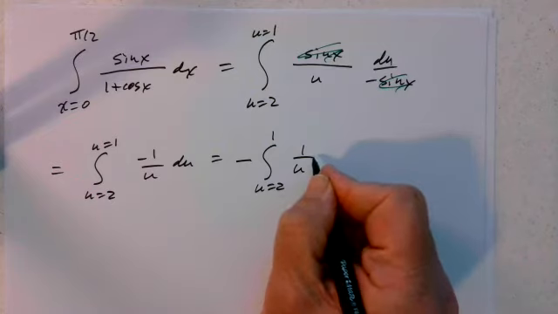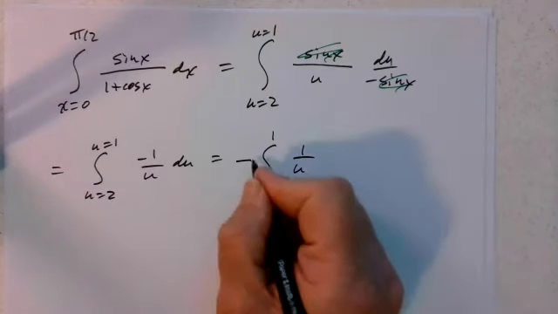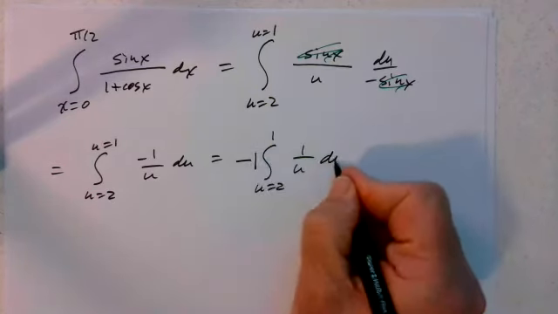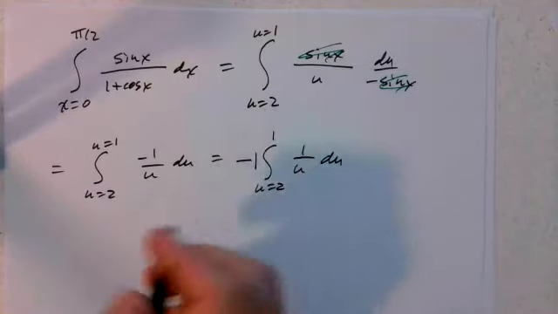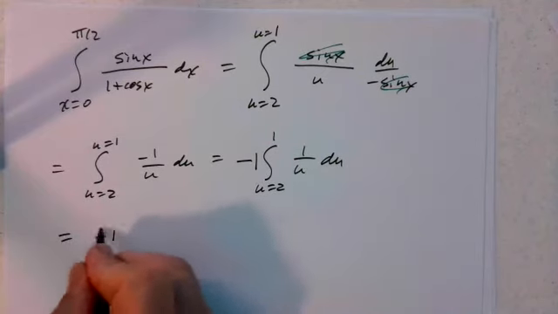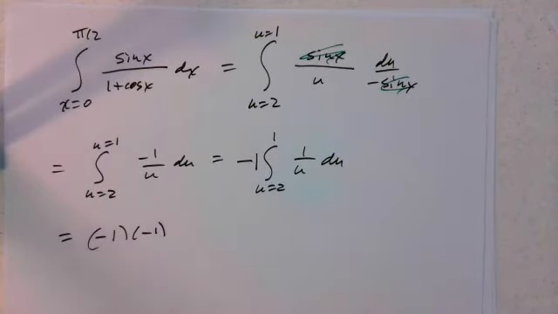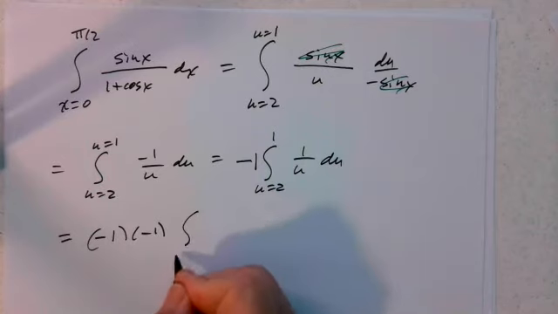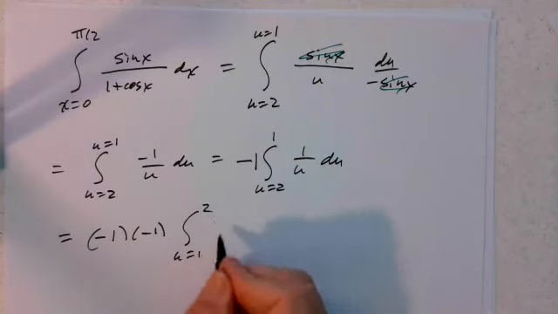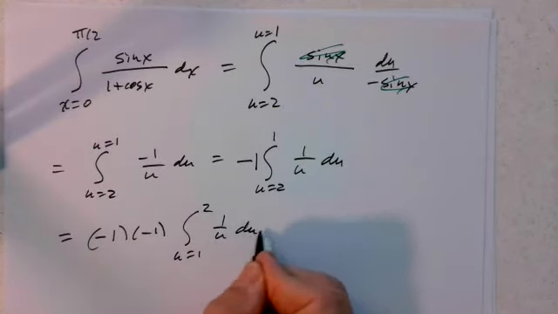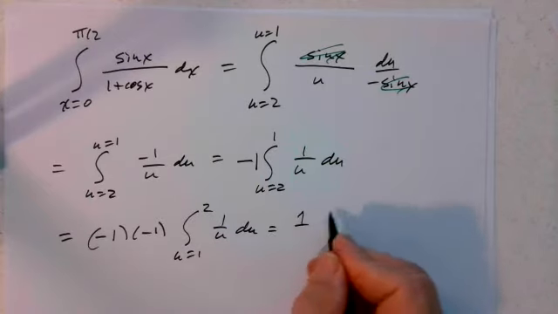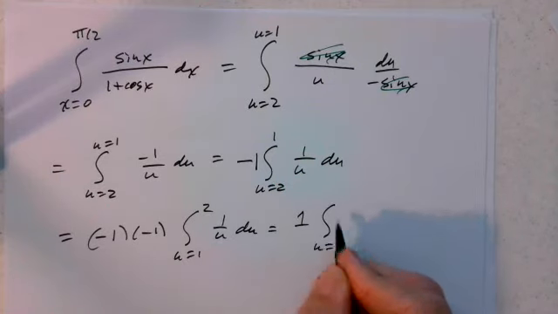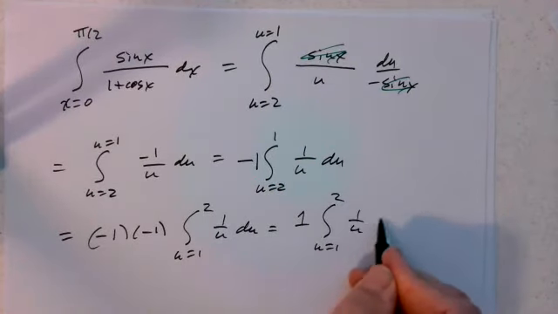All I've done is pull the negative 1 out. But if I switch the endpoints, that also multiplies by negative 1. So negative 1 times another negative 1 gives the integral as u goes from 1 to 2 of 1 over u du, which of course is just 1 times that integral.